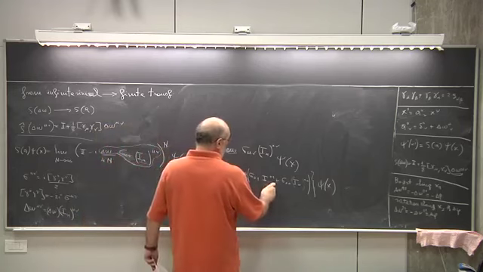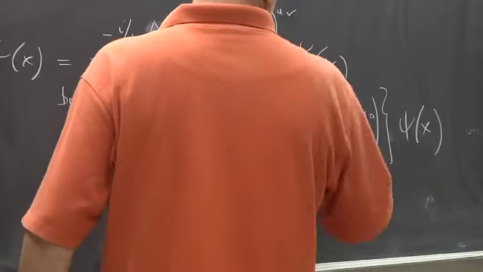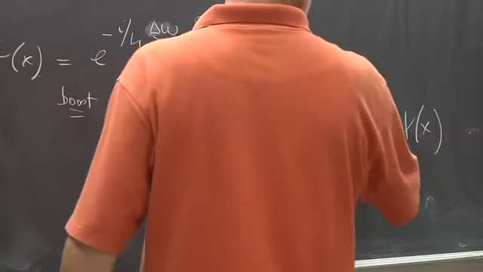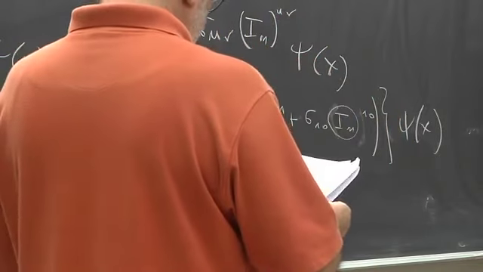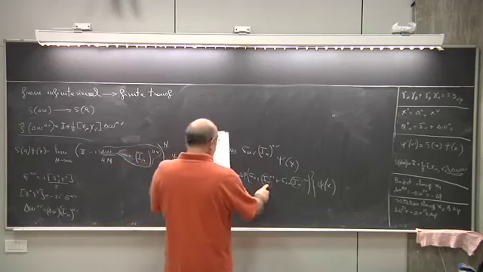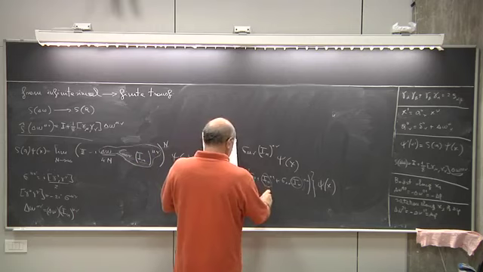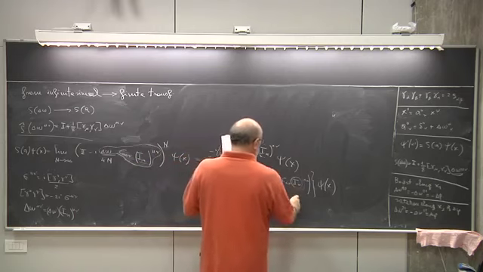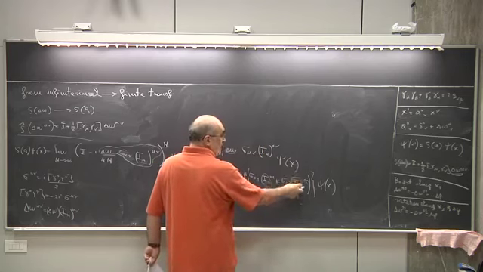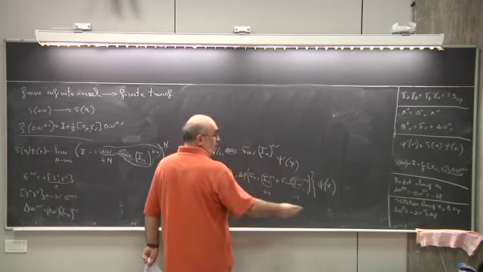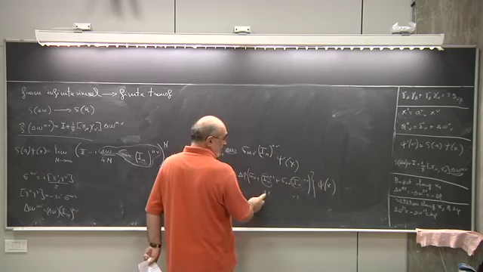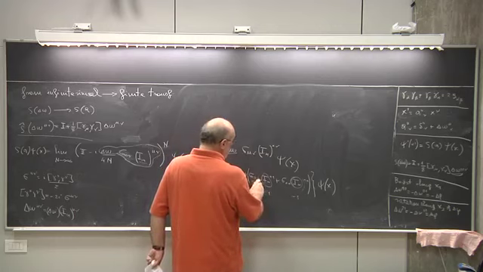Let's remember the matrices I_N, the element 0 1 and the element 1 0, were such that the number was plus 1 and the other was minus 1. We worked out those matrices before.